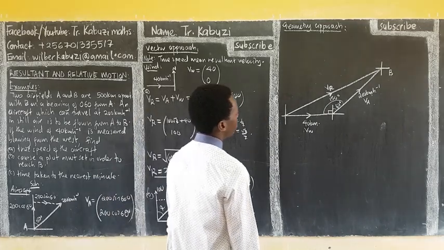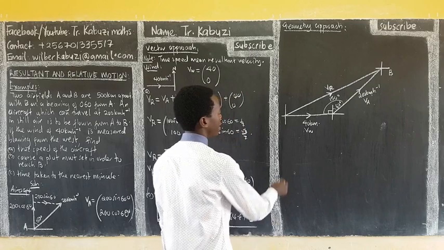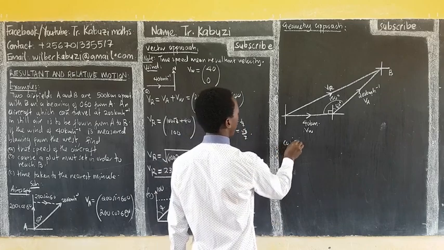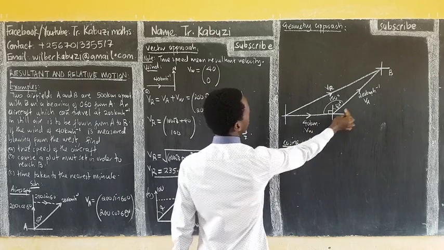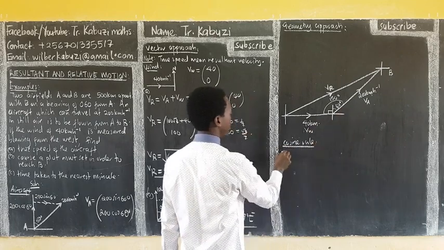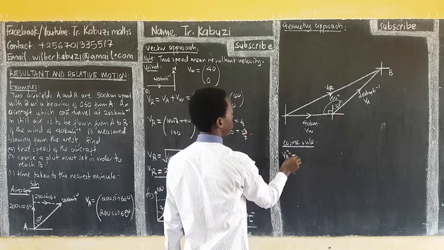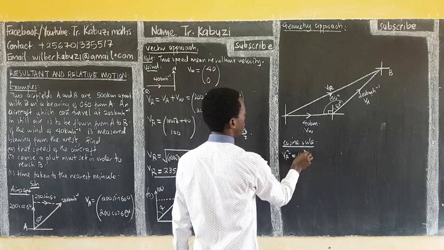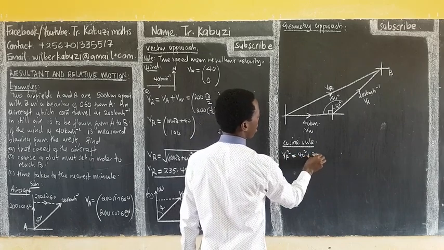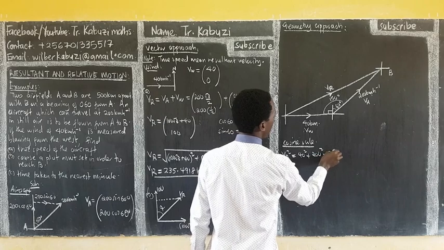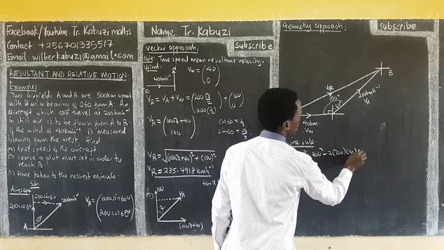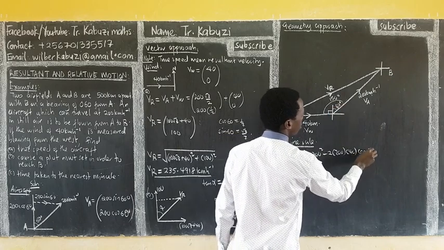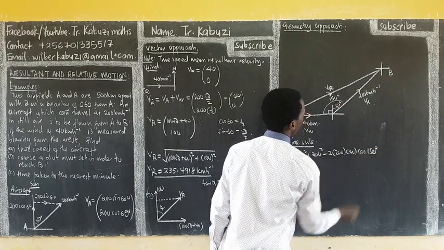So our cosine rule, from there, we can make that. VR squared will be equal to 40 squared plus 200 squared minus 2 into 200 into 40, then cos of the angle, which is 150 degrees.